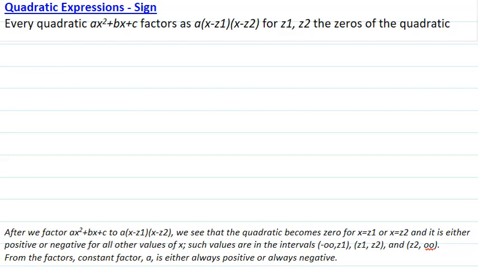Every quadratic, ax squared plus bx plus c, factors as a times (x minus z1)(x minus z2), for z1 and z2, the zeros of the quadratic. Then we see that the quadratic is equal to 0 when x is equal to z1 or x is equal to z2.